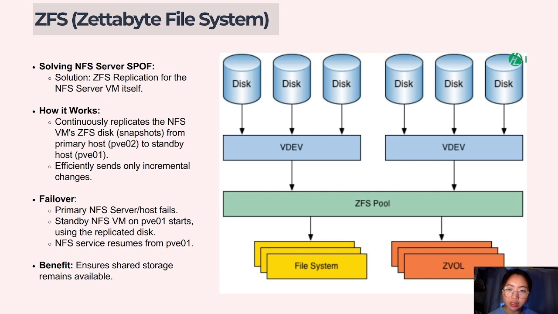The virtual disk of our NFS server VM, which resides on the ZFS volume on its primary host, PVE2, continuously replicates to a standby host on PVE1. ZFS does this efficiently by taking periodic snapshots of the ZFS volume and incrementally sending only the data blocks that have changed since the last snapshot to the destination volume.